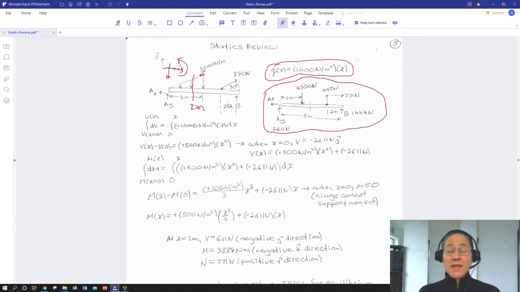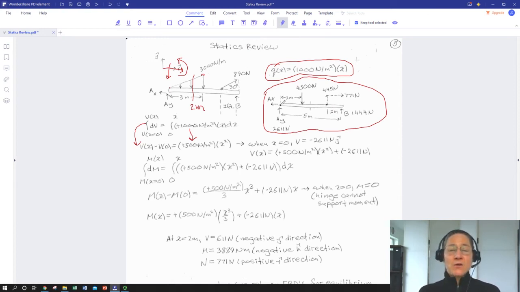In this case, we're going to go to 2. We integrate the right-hand side and we get 500 newtons per meter squared times x squared. And then we integrate the left-hand side and we simply get v at x minus v at the lower limit of integration, which is v at 0.